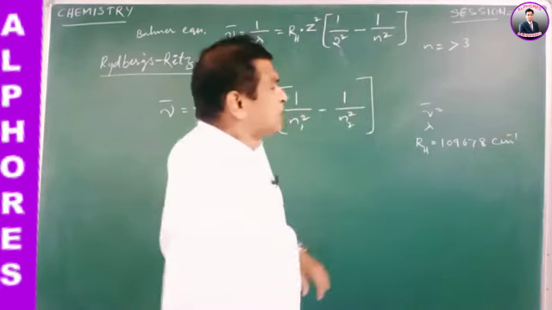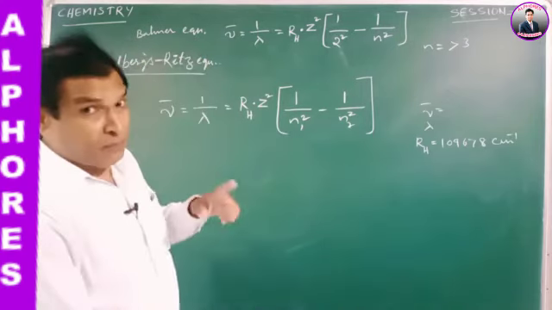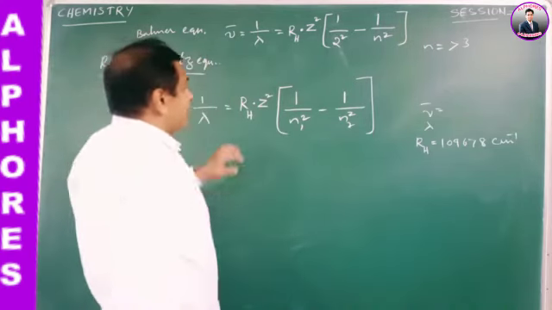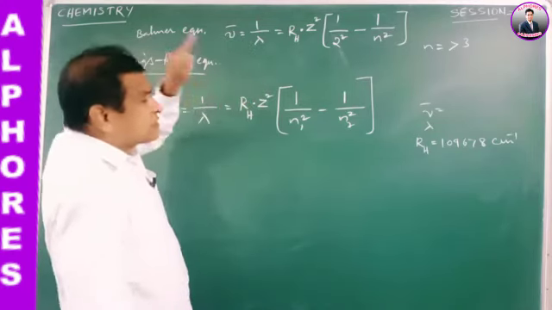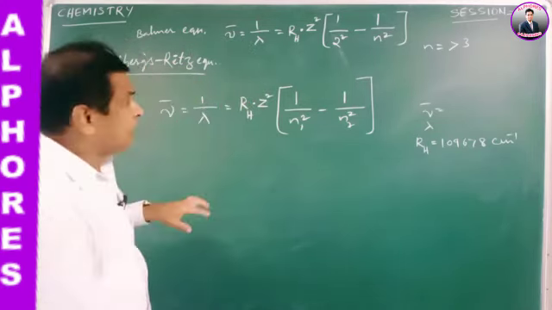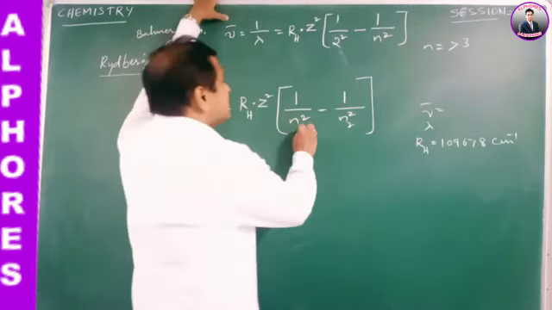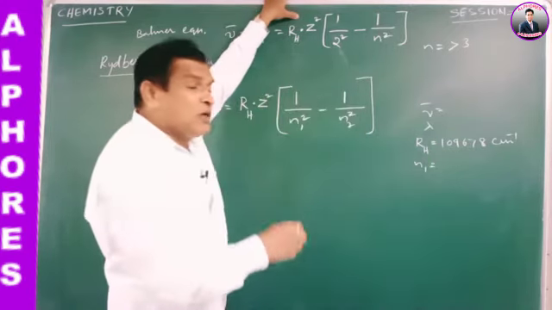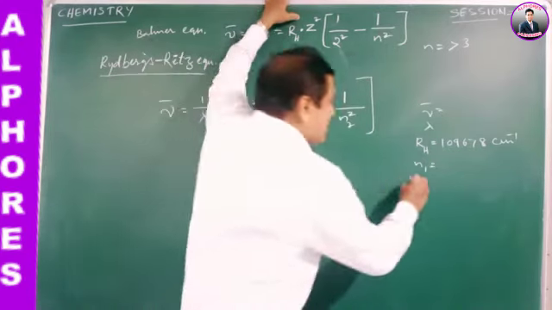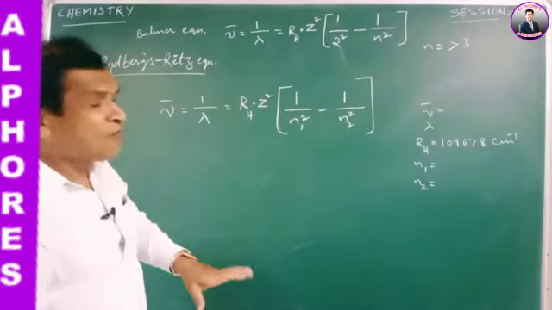That means the unit of the Rydberg constant is equal to the unit of wave number, which should be remembered. Z is the atomic number of that one-electron species. n1 is the ground state of the series, and n2 is the excited level of the series.